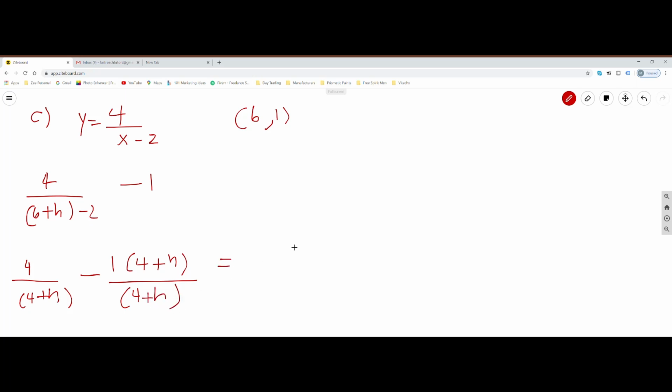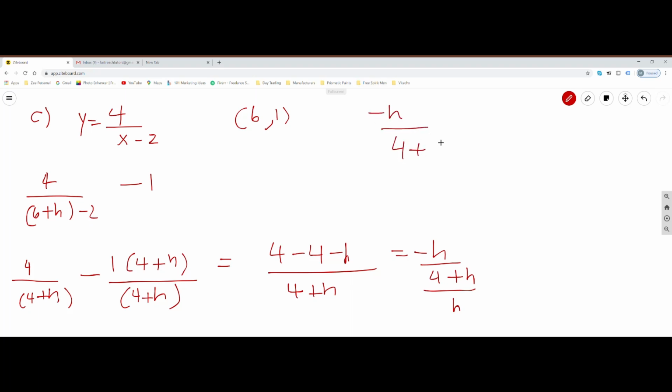So you get 4 minus 4 minus h over 4 plus h equals -h over 4 plus h over h, so then you can do 4 plus h multiplied by the reciprocal, cancels, and you're left with negative 1 over 4 plus h. When you substitute h equals 0, you're left with negative 1 over 4.